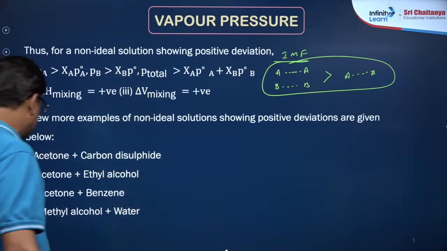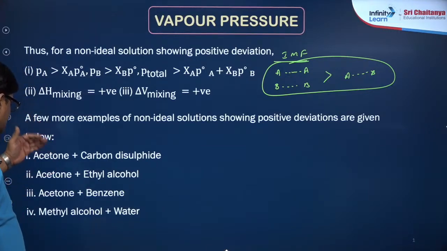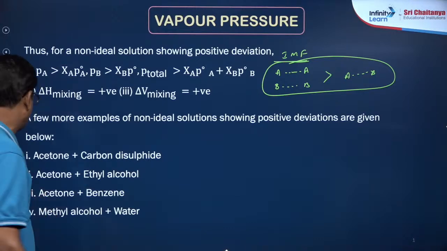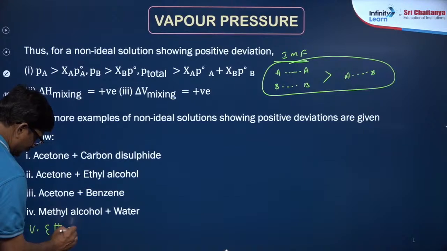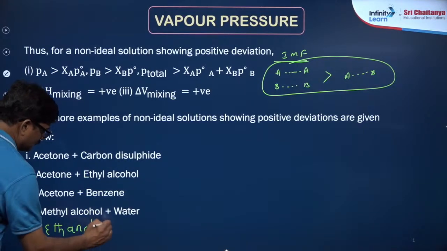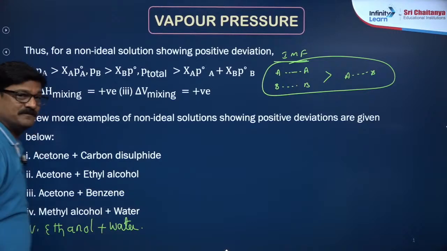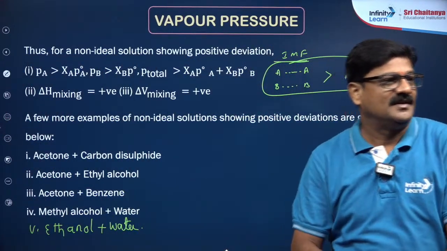Examples: acetone and carbon disulfide, acetone and ethyl alcohol, acetone and benzene, and methyl alcohol and water, or ethyl alcohol in water. Ethanol plus water. So like that you need to understand the positive deviation, right beta?